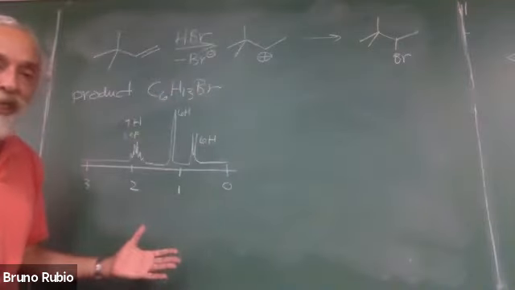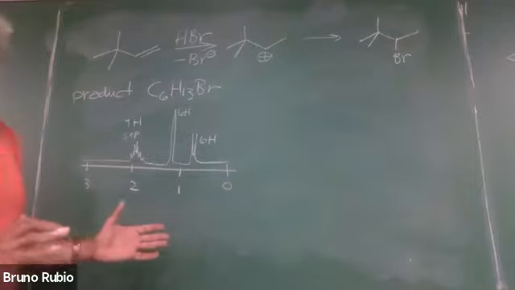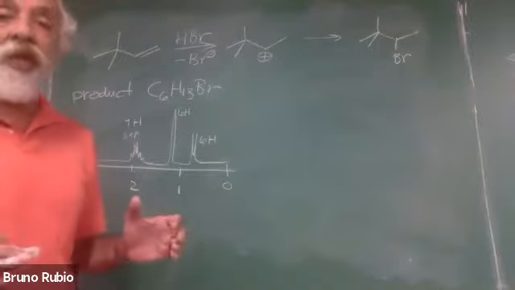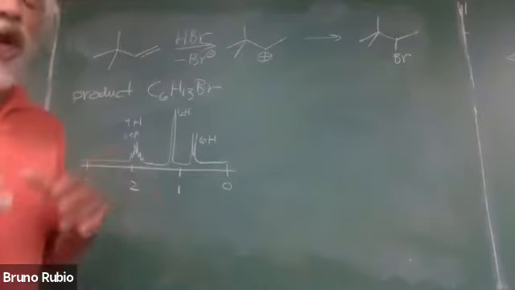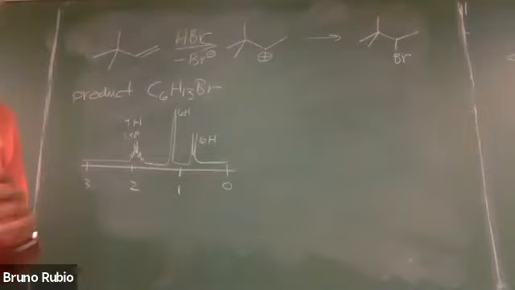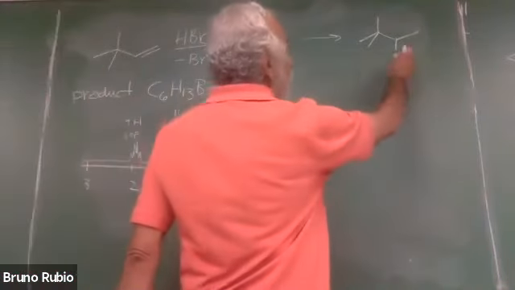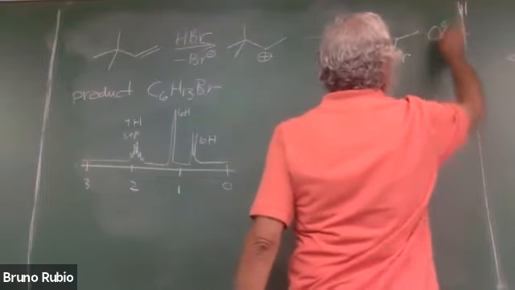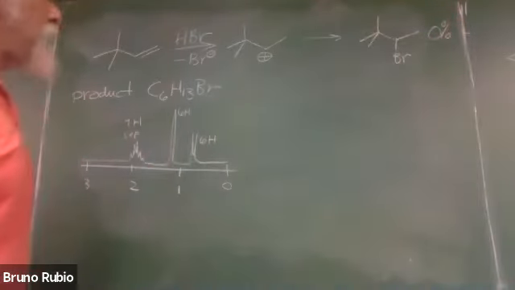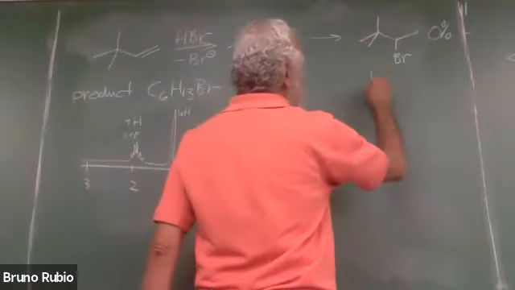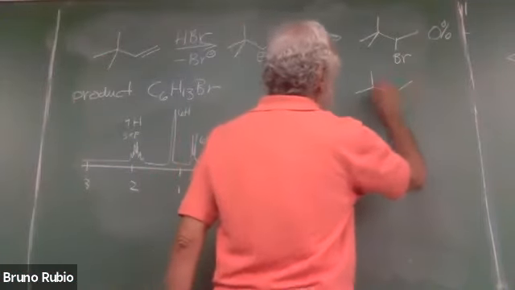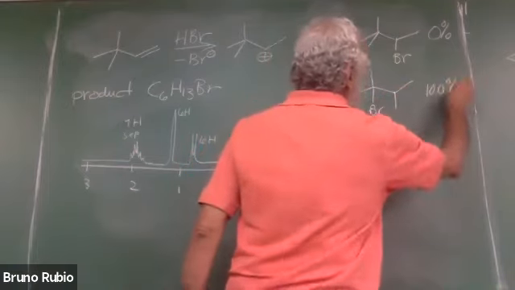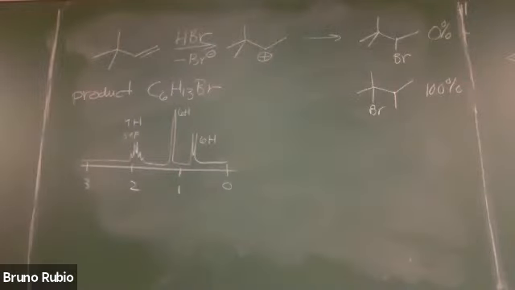What happened? What happened is a complication that arises with this hydrohalogenation and many other reactions, and that is the carbocation rearrangement. So we don't get any of this. We get 0% of that, and instead what we get is something that looks like this. Okay, so now does that fit?